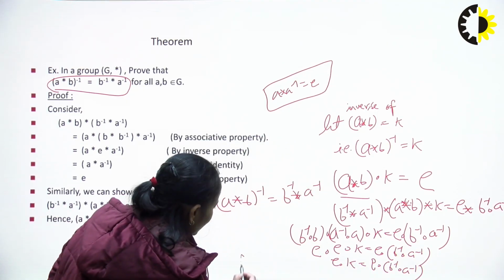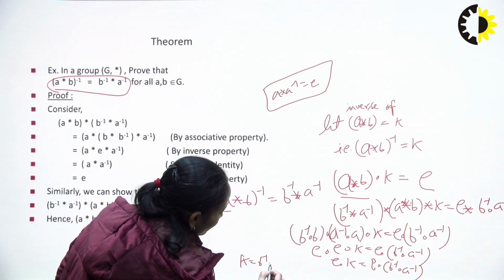So A into A inverse and B into B inverse is the identity element E. So E cross K is equal to E cross B inverse cross A inverse. This implies that K is equal to B inverse cross A inverse.